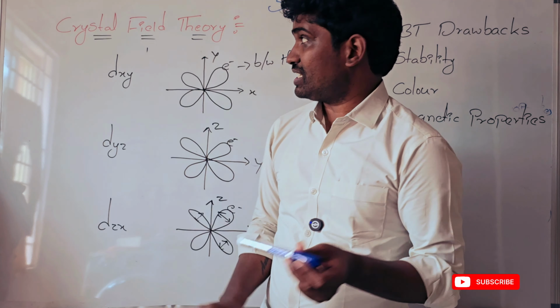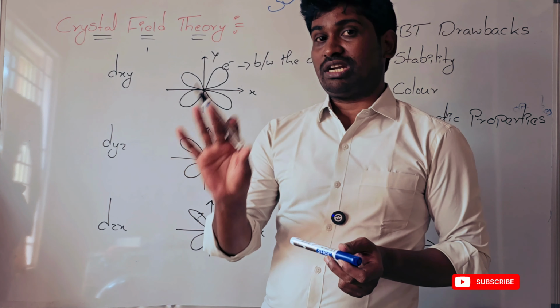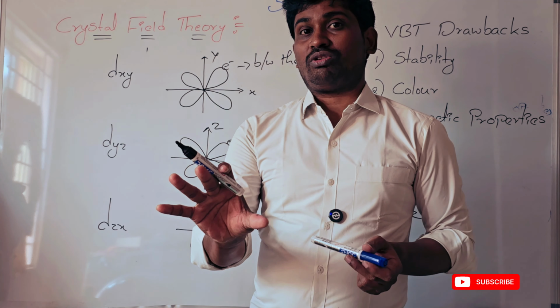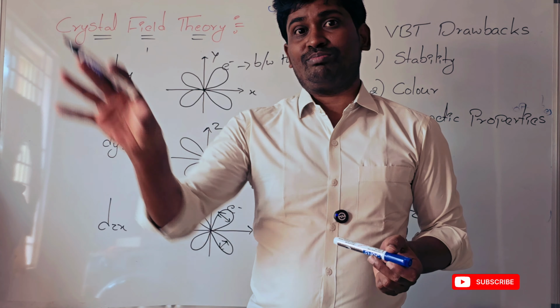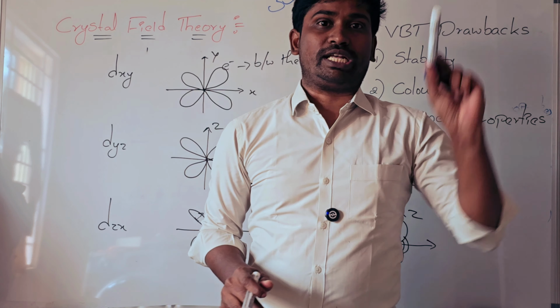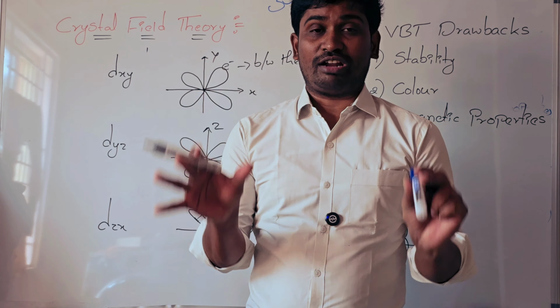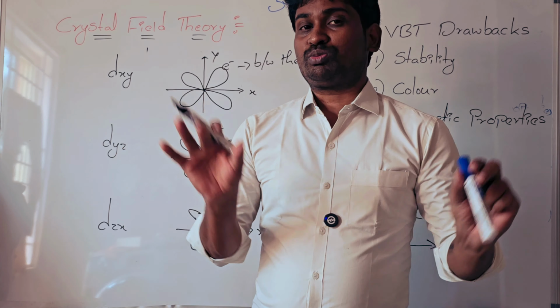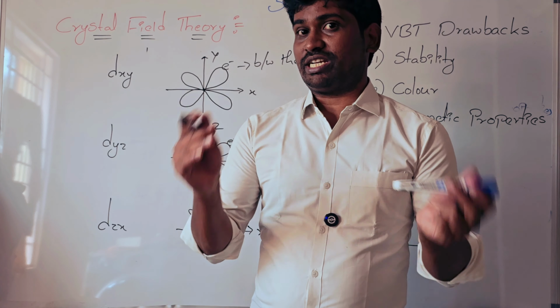The crystal field theory is based on the repulsive interactions between metal d orbital electrons and ligand electrons. That is the main point, and that's why the orbitals split. Before splitting, the 5 d orbitals are degenerate.